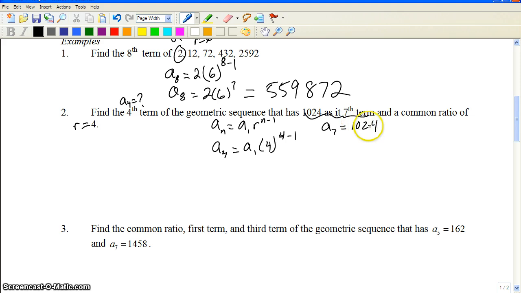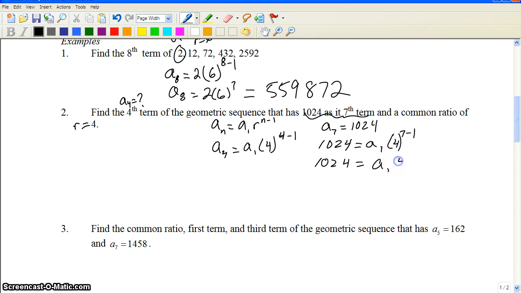A sub 7 is 1024. That means the a sub n part is 1024. With the statement a sub 7 equals 1024, that means a sub n equals 1024 when n is 7. So we get that statement, and we know what our ratio is. The ratio is actually 4, so we're going to put 4 in there from the problem. Then we see if we can solve this.